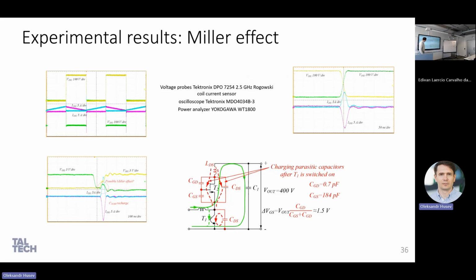If you calculate, this is a GaN transistor PCB design, so this is voltage flow, and so on, but it's from our personal experience. When I calculated all these parasitic capacitors, I understood that if we have 400 volts DC voltage, your spike across gate-source will be 1.5 volts, which is very close to the threshold of opening the transistor.